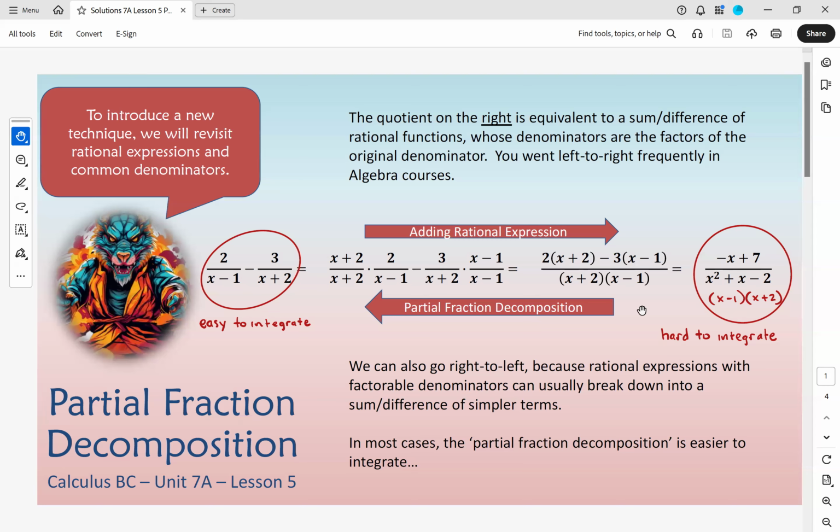So what we need to do is go the other way with this manipulation. We want to take something on the right side and break it down into smaller, simpler fractional terms. We call the process partial fraction decomposition. So that's what we're going to look at today. How do we break the right side down back into the left for the sake of integration? All right, on to the next page.